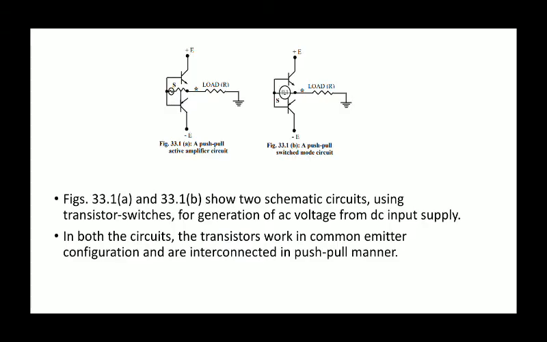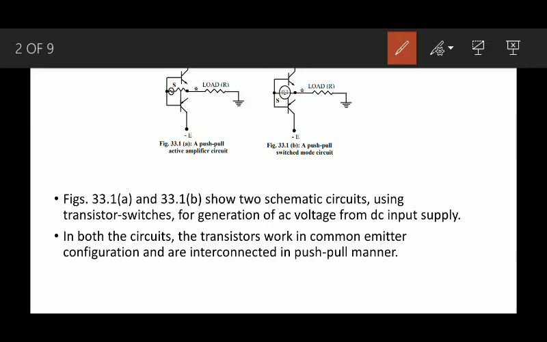The basic principle of operation of any inverter is given here. It means we have a constant DC voltage. How can we change the DC voltage into AC voltage? The basic principle of operation is given here in the diagram, in figures 3.33(a) and 3.33(b).